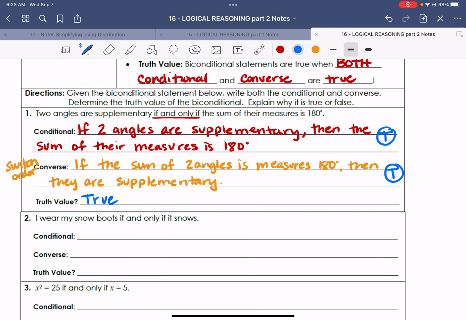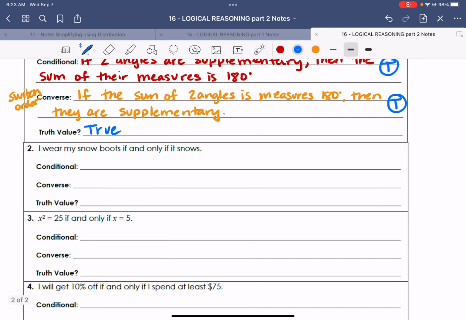So try number 2. Pause the video. See what you get. Okay, so it says I wear my snow boots if and only if it snows. So our original would just be the order it's in, but we change it to if-then.